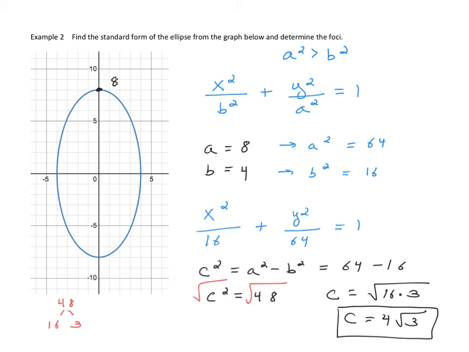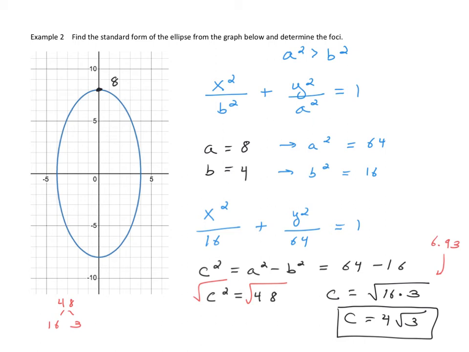Now, where are the foci themselves? This time, the major axis is the y-axis, so one spot is going to be, where is 4 root 3? Let me type that in my calculator. 4 root 3 is about 6.93. So this thing here is roughly 6.93.